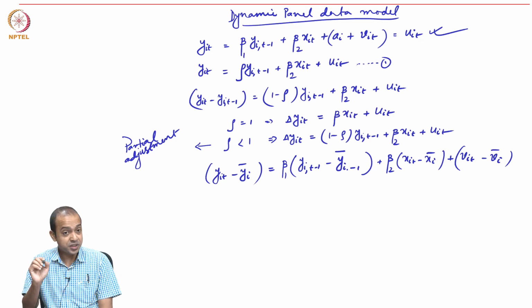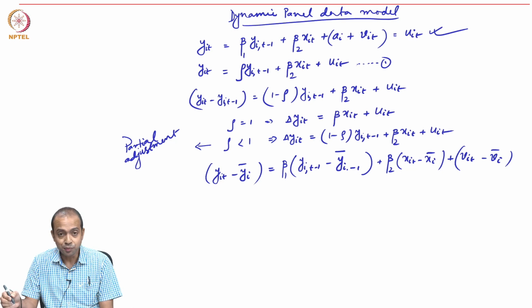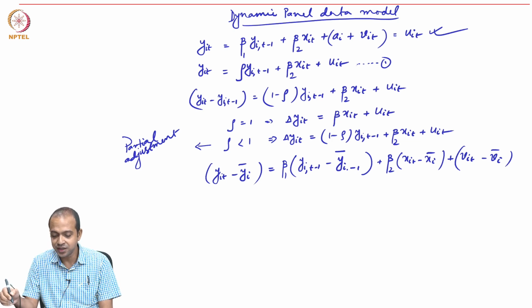Then we said that this fixed effect transformation also does not work, because this v_i bar is nothing but 1 by T sum of v_it, that includes v_it minus 1. So this v_i bar includes v_it minus 1, and v_it minus 1 will be related to y_it minus 1.